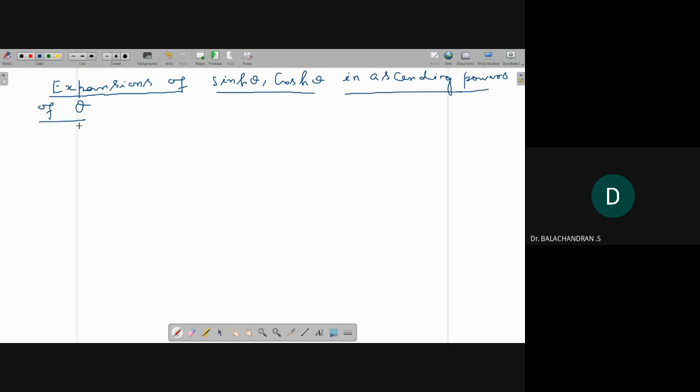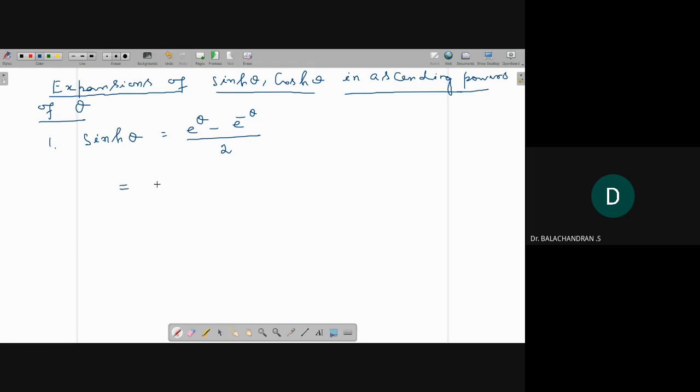So what is sin h theta? Here in terms of theta, I told that. So what is sin h theta? e power theta minus e power minus theta by 2. Yes, correct.